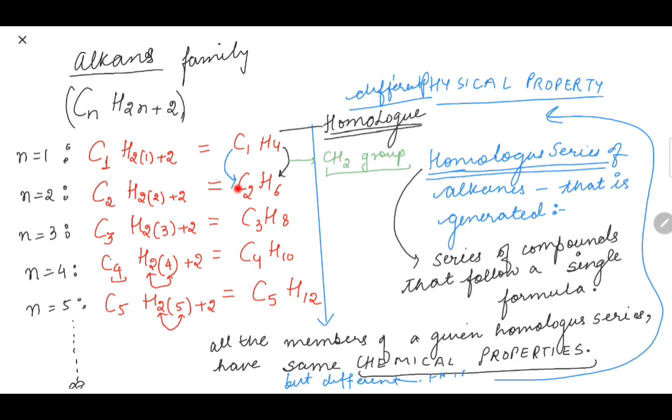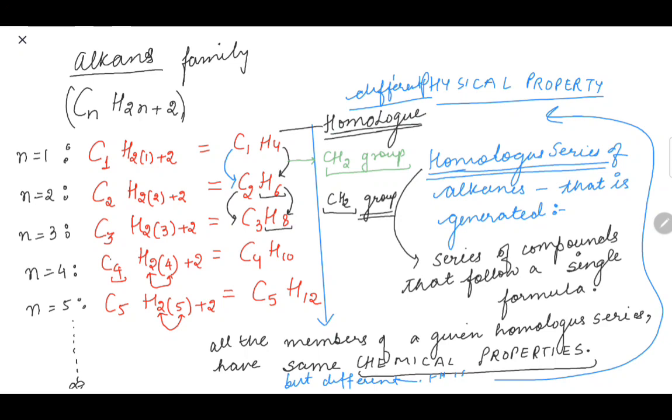If you move from C2H6 to C3H8, C2H6 has two carbons and C3H8 has three carbons, so there is an increase of one carbon. And C2H6 has six hydrogens and C3H8 has eight hydrogens, so there is an increase of two hydrogens. So don't you see that again there is a gap of a CH2 group?